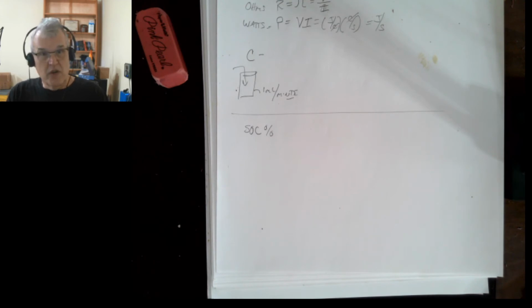Manufacturers list the internal impedance in their batteries, and it's measured at 1 kilohertz. People will always say internal resistance, even though really we're talking about the internal impedance of that.